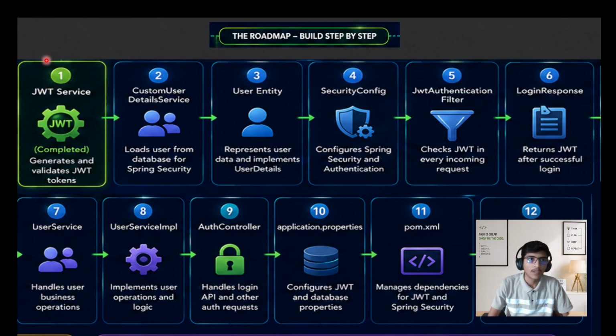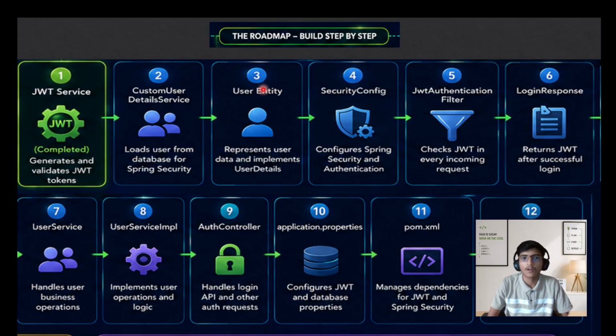So till now, we have completed the JWT service. Then we have also completed the second part. Then we have just updated the user entity. And now our goal is to see what actually the security config is. You can use one analogy: let's assume that the JWT service is the CPU, the custom user details service is the RAM, and the user entity is the motherboard.